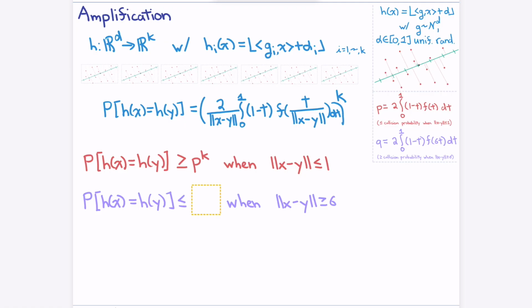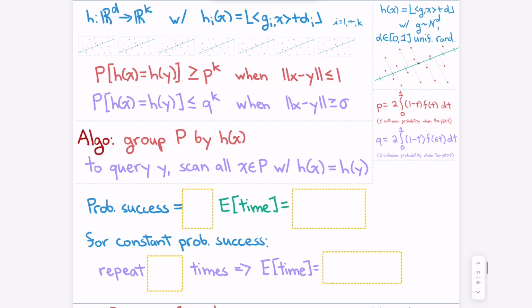And the ones that are far apart, the odds of them colliding are at most q to the k. Nothing deep. But now when we do the exact same calculations, my probability of success is p to the k.